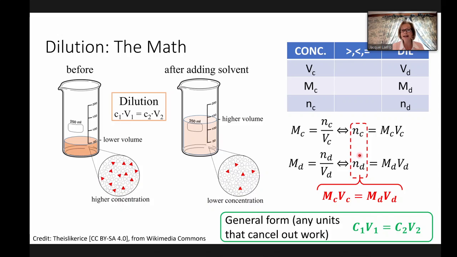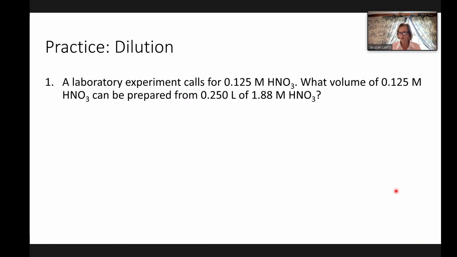I haven't added any more solute to it. I've only added solvent. So this is the way we do the math. If you want to know how much of a concentrated solution you need to dilute, you use that formula. And I think we have a practice problem.